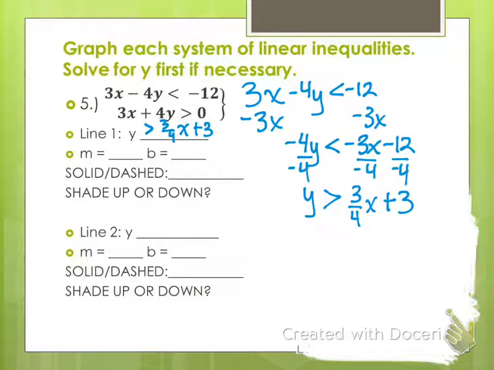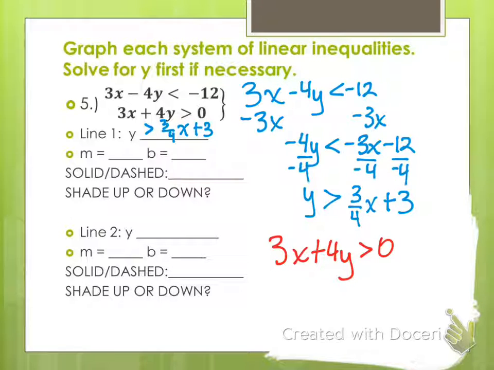All right, let's go ahead and get y by itself on the other one as well. 3x plus 4y is greater than 0. Jariel, how am I going to get y by itself? Wonderful. Subtract 3x on both sides.